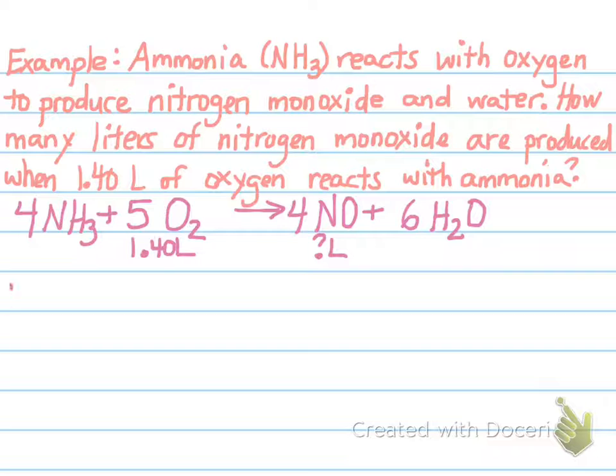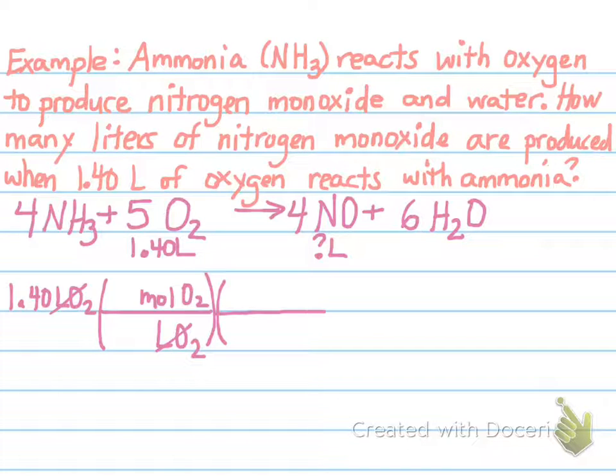So I start with my given, which is 1.40 liters of oxygen. On my toolkit, liters of oxygen can be converted to moles of oxygen using my tool of molar volume. Moles of oxygen, I'm going to use my mole ratio now to go to moles of my other substance, which is nitrogen monoxide.